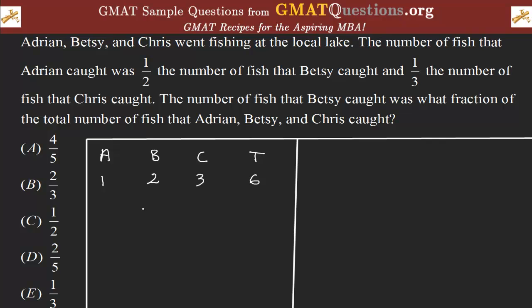So clearly, Betsy equals 2/6 of the total. I hope it's clear here, 2/6, which means that Betsy caught 1/3 of the total, by simplifying this fraction. And that's it. That's as simple as that.